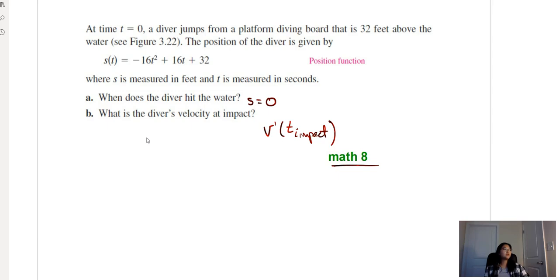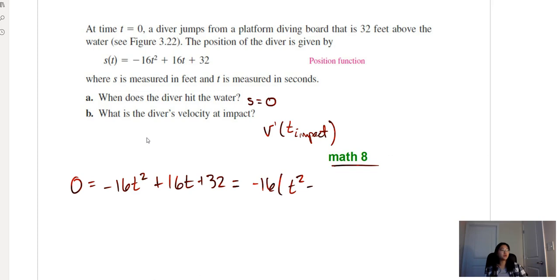All right, so when does the diver hit the water? Well, this is our position function, 0 equals negative 16t squared plus 16t plus 32. I don't want to deal with all of those things, so I'm just going to factor out a negative 16. t squared minus t minus 2, because I factored out a negative 16. And what's that?